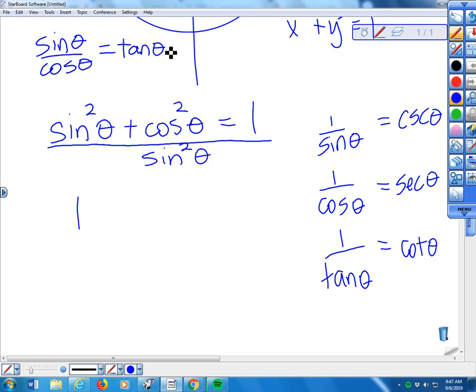So if I switch this, I get 1 over tangent, which is cotangent. And so cosine squared over sine squared is cotangent squared. And 1 over sine squared is cosecant squared. So there's another trig identity.